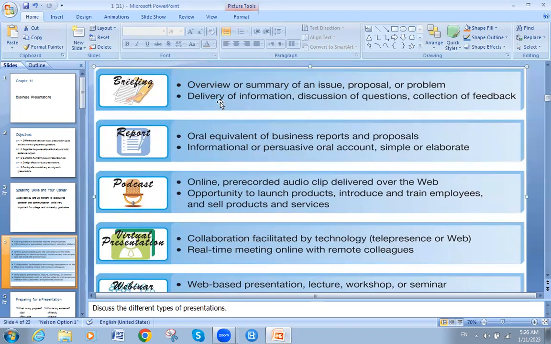Delivery of information is another type; we call it briefing presentation.